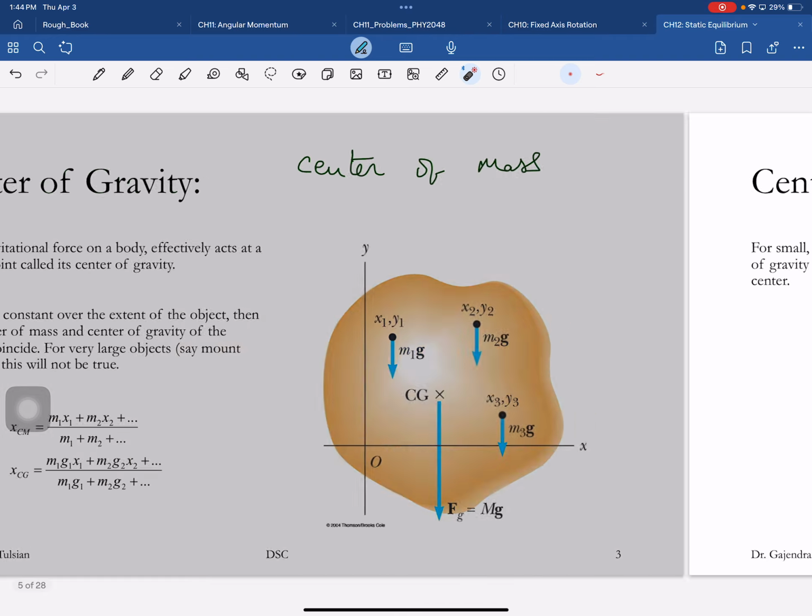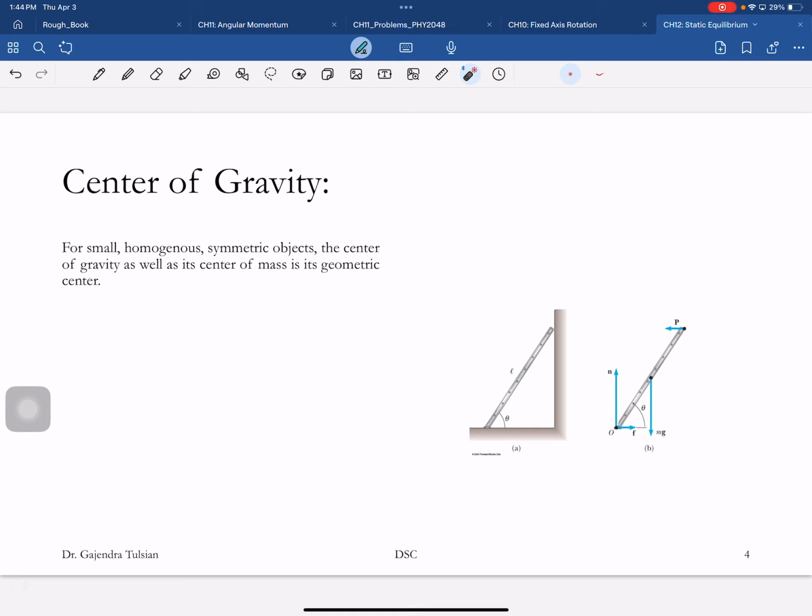The reason we defined that was, so here's a ladder. You want to know where the force of gravity acts on this ladder, and that acts at the center of gravity. Since this is a small object of uniform density, that's also the geometric center of the object. Here's a ladder leaning against the wall, and if you start climbing it, you want the ladder not to slip.